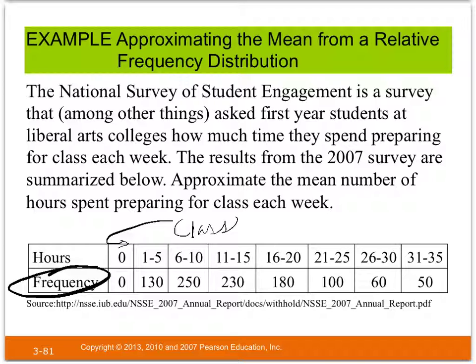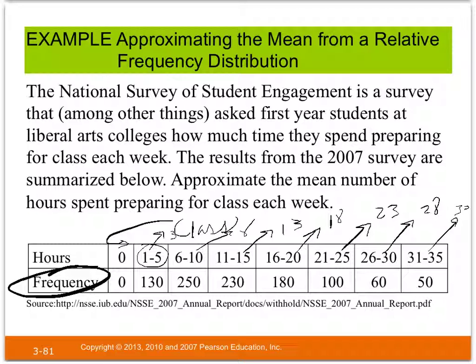Well, if we're talking between 1 and 5, midpoint is very easy to calculate. Midpoint between 1 and 5 is 3. Midpoint between 6 and 10 is going to be 8. Midpoint between 11 and 15 is going to be 13. And so on and so forth, 18, 23, 28, 33. Okay, so those are all our midpoints.